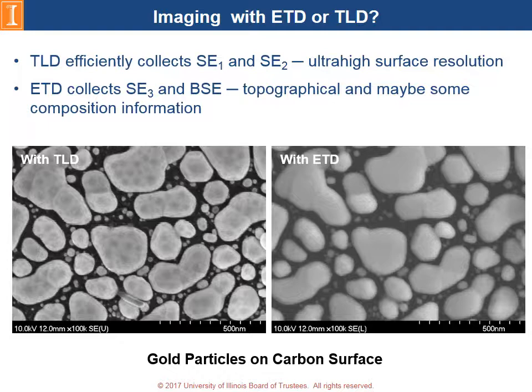And I will show you later in the presentation that BSE, backscattered electron yield, is strongly dependent on the atomic number of the material. And this is not demonstrated in this set of images, since these are gold particles and there is no composition difference.